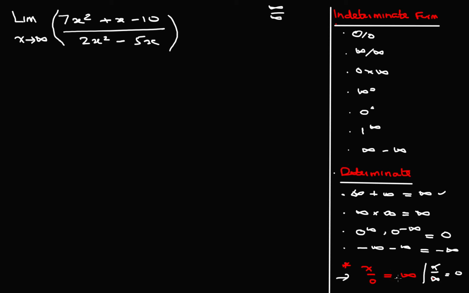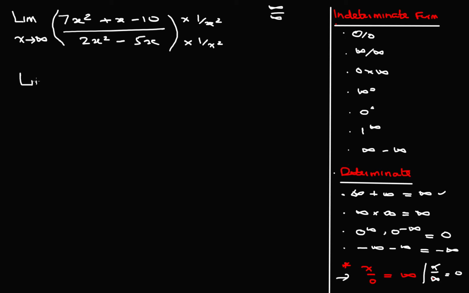We actually go with the third option. But how are we going to reduce this? It's by multiplying by the highest power. Usually it's the highest power. So here we're going to say 1/x², then here as well, times 1/x².